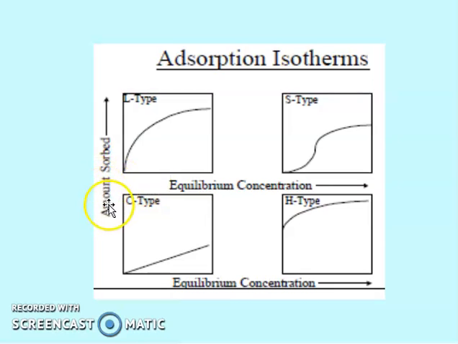Okay, so if you plot concentration at equilibrium against adsorbed amount in microgram per gram, with concentration in microgram per liter or per milli, you will obtain different shapes.